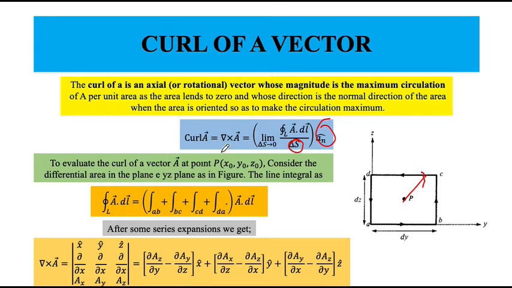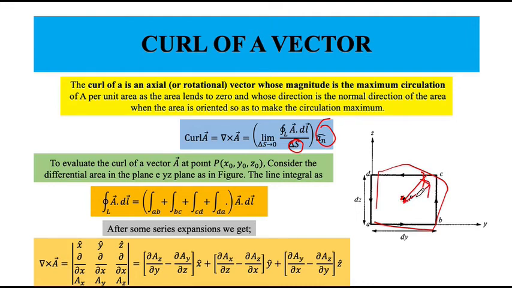The physical significance of the curl of a vector is evident. The curl provides the maximum value of circulation of the field per unit area and indicates the direction along which this maximum value occurs. So the curl of vector field A at point P may be regarded as a maximum measure of circulation, or how much the field curls around P. For example, the figure shows the curl of the vector field around P is directed out of the page.